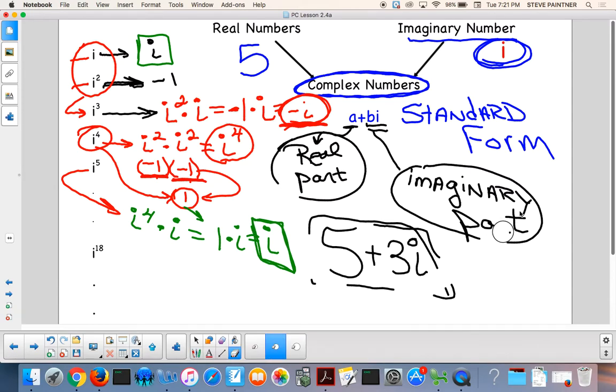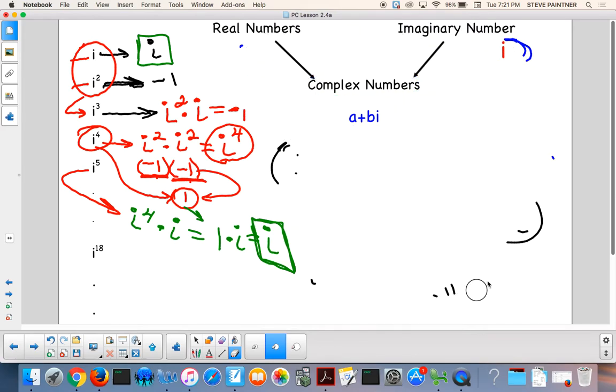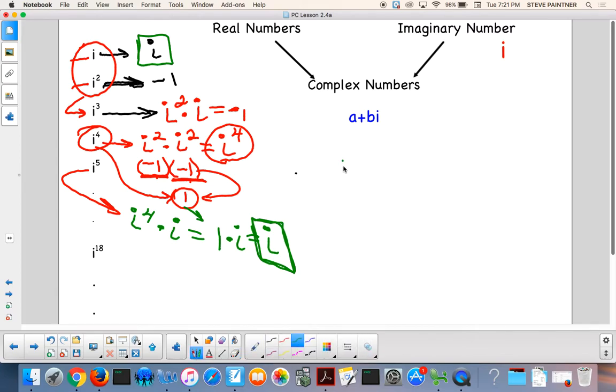What is i to the sixth? Okay, really quick. i to the sixth is i to the fourth times i to the second. Okay, 4 plus 2 is 6.